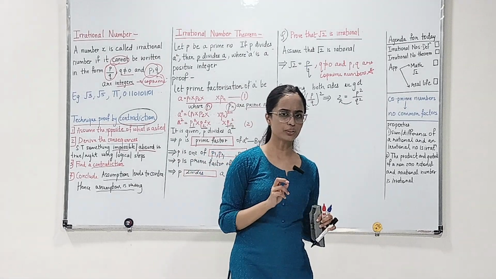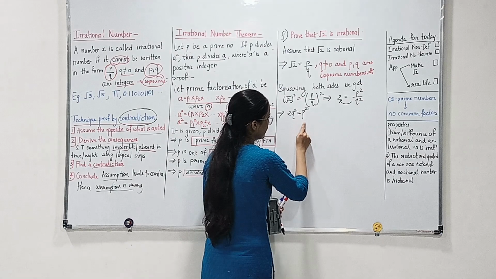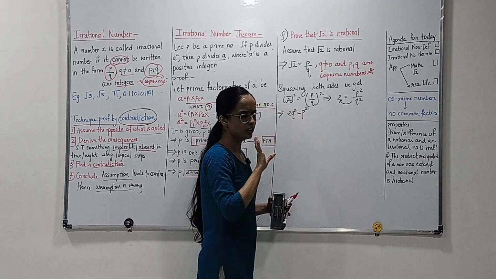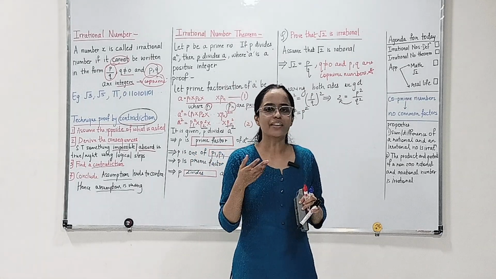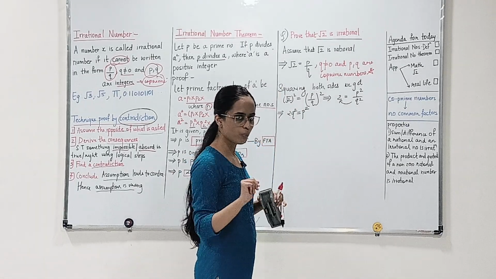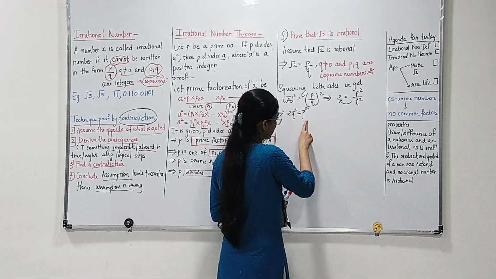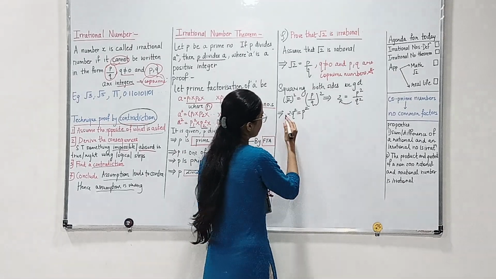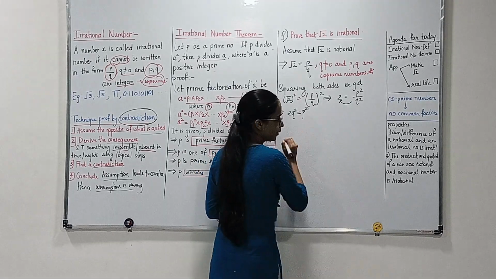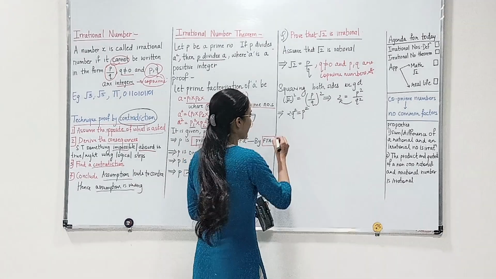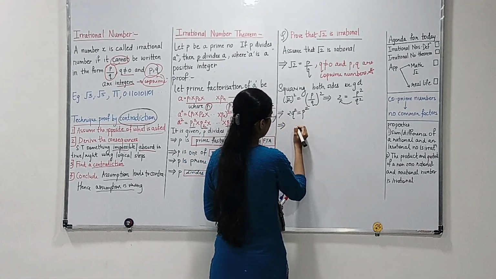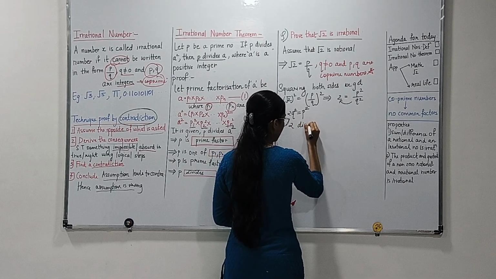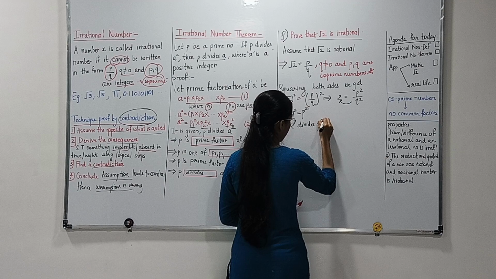Now here if you see, your P square is expressed in terms of 2 into Q square. If you want to understand it in a more simplified manner, what can you conclude from this statement? Let's say that if you shift 2 over here, that is going to divide your P square. So can we say this implies that 2 divides P square?